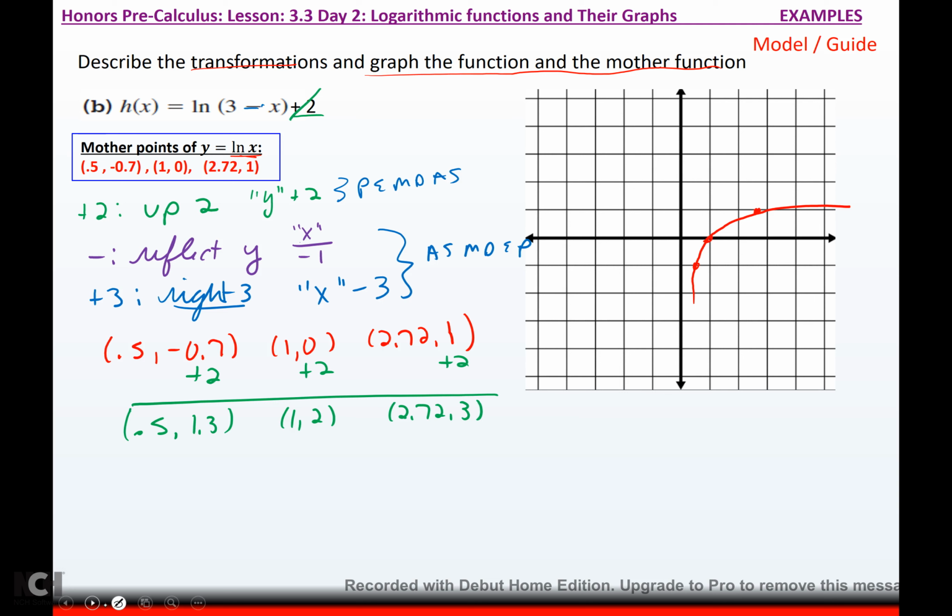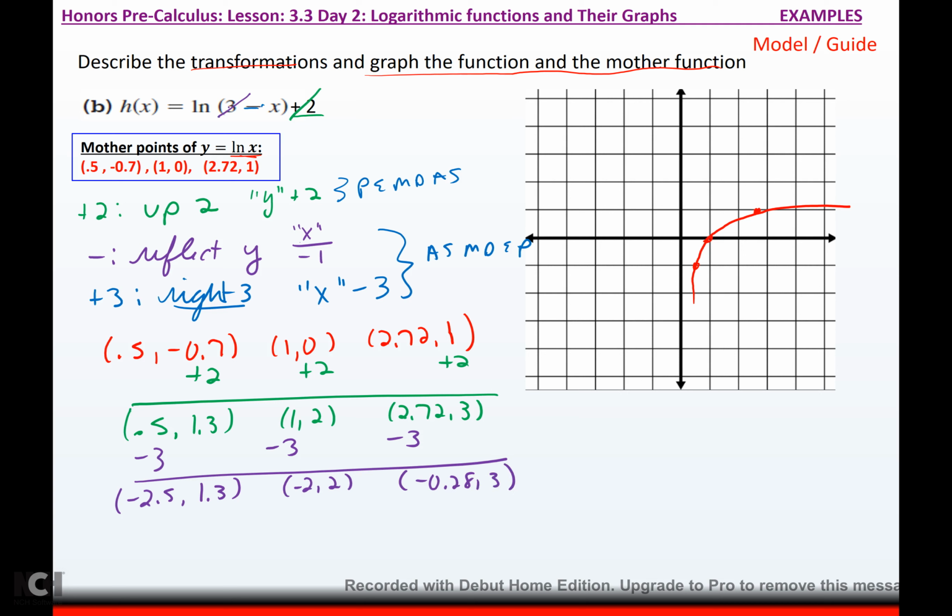So now I'm going to do the others. The first thing I'm going to do is subtract 3 from my x's. That's going to give me (-2.5, 1.3), (-2, 2), and 2.72 minus 3 is -0.28, comma 3.